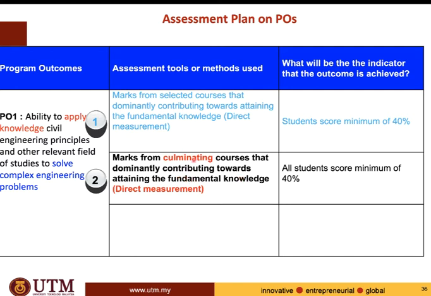Culminating means the courses towards the end of the students' studies before they graduate, usually in the third or the final year. Again, what will be the indicator that the outcome is achieved? All our students score a minimum of 40%.